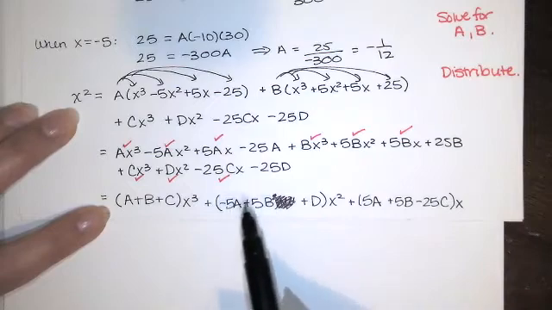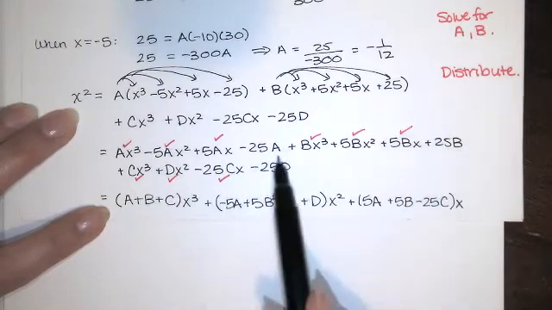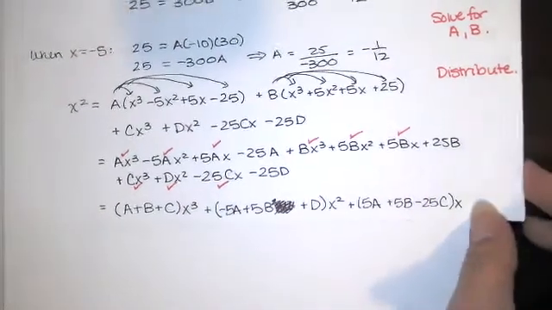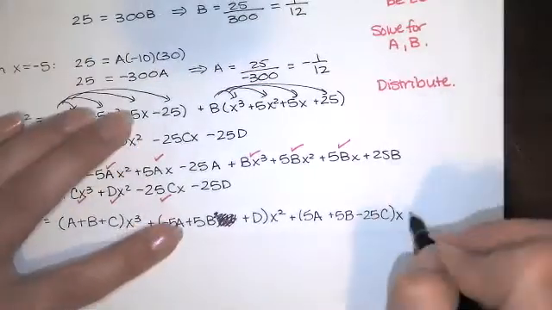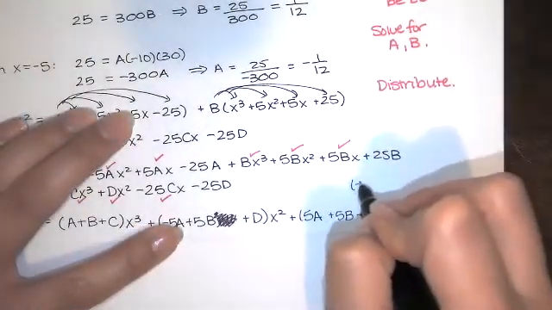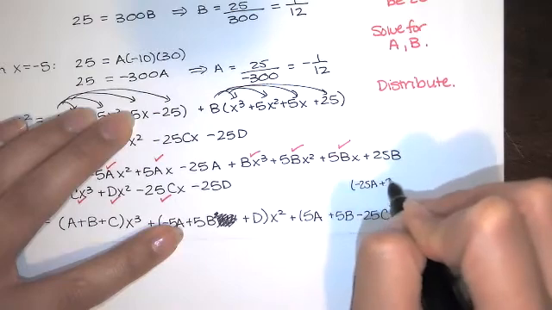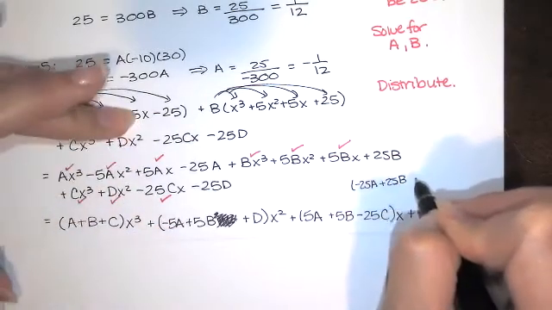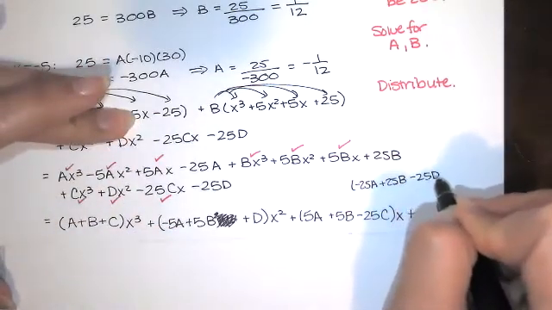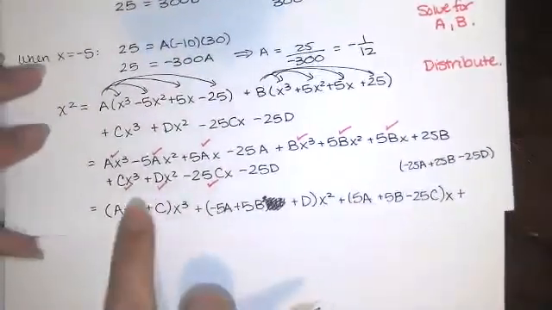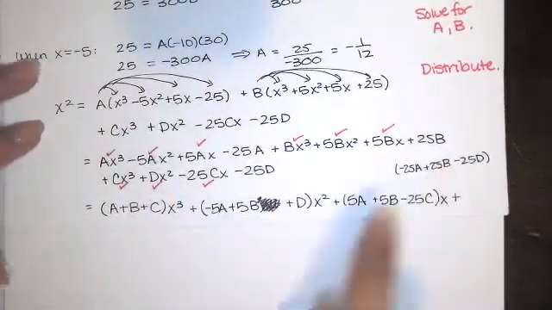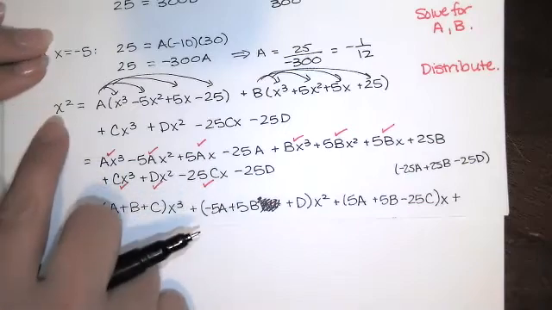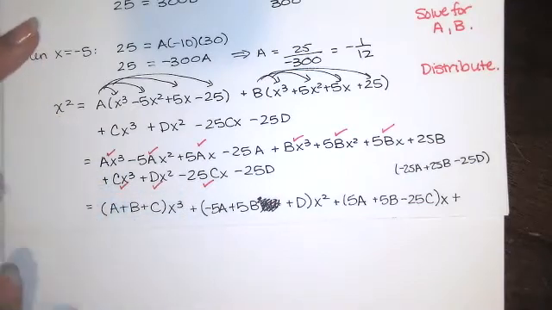And then finally, the constant term is this plus this plus this. And I've run out of space, so I'm just going to write it up here. So plus -25a plus 25b minus 25d. So it's this plus this plus this plus this. Has to equal this quadratic over here.